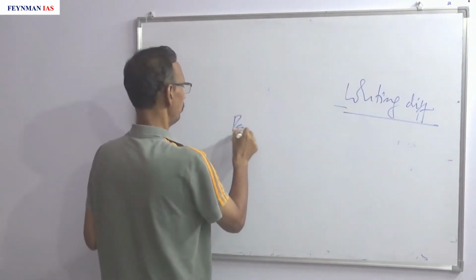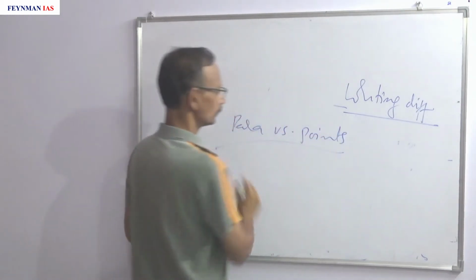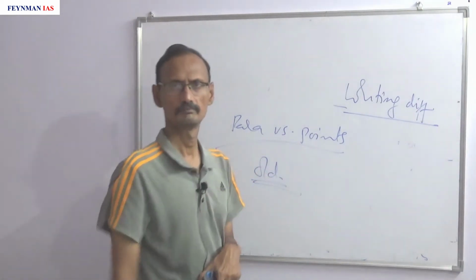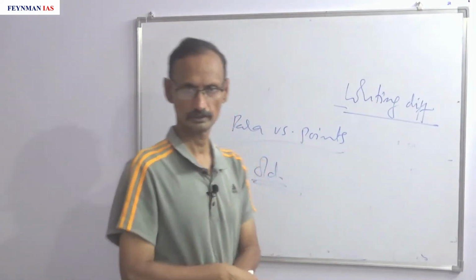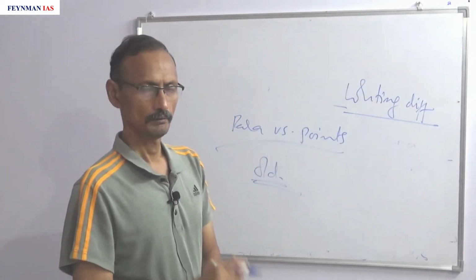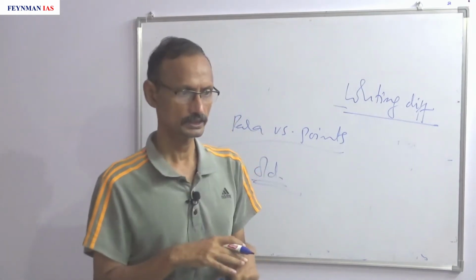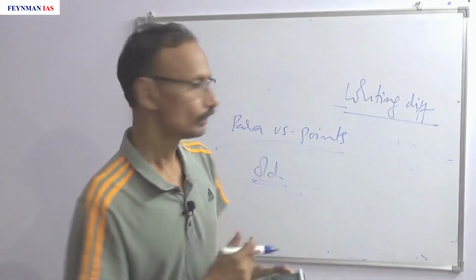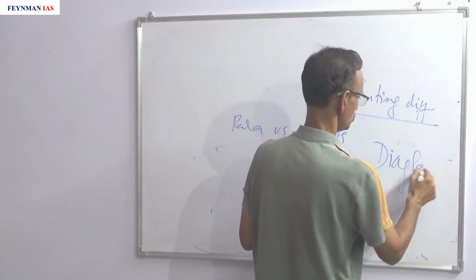Para versus points is an old debate. Civils aspirants have been debating this for many years. I would like to say para versus points now has to be determined by one more variable which came recently, diagrams.